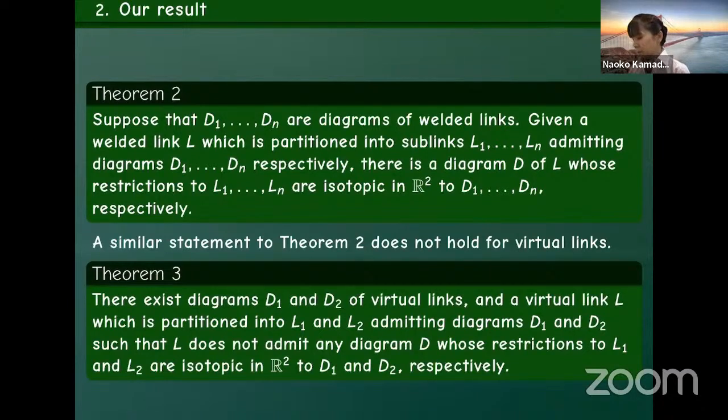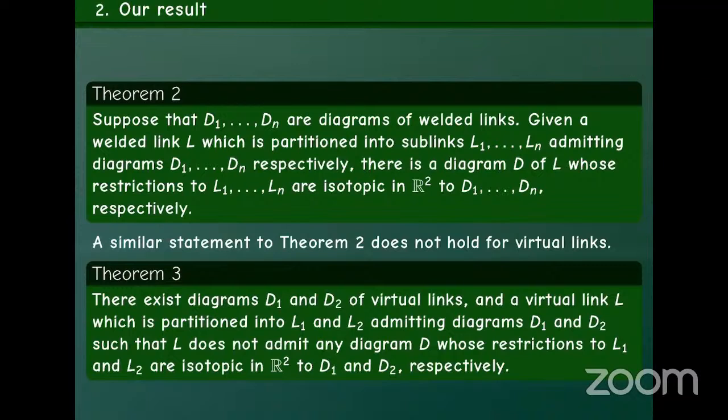It's a similar result to the classical one. A similar result to Theorem 2 does not hold for virtual links. As Theorem 3, there exist diagrams D1 and D2 of virtual links and a virtual link L, which is partitioned into L1 and L2 admitting diagrams D1 and D2, such that L does not admit any diagram D whose restrictions to L1 and L2 are isotopic in R2 to D1 and D2, respectively.